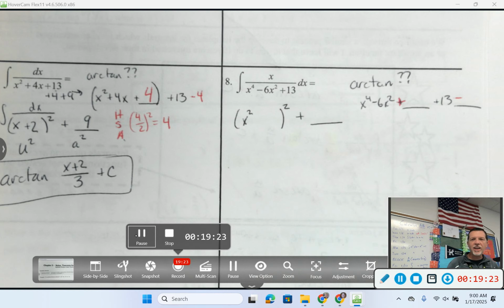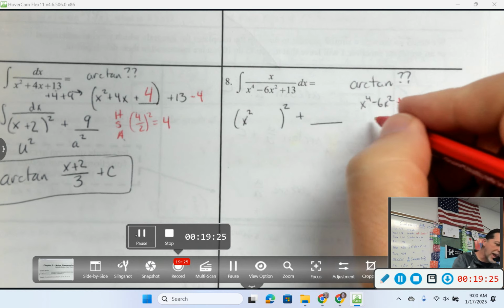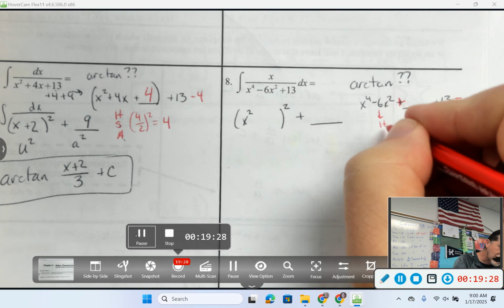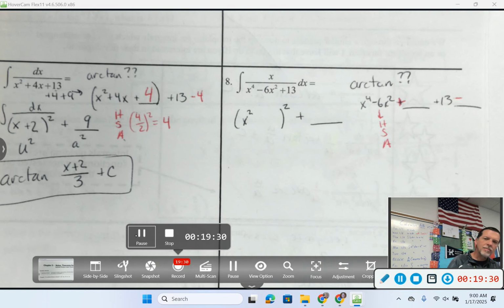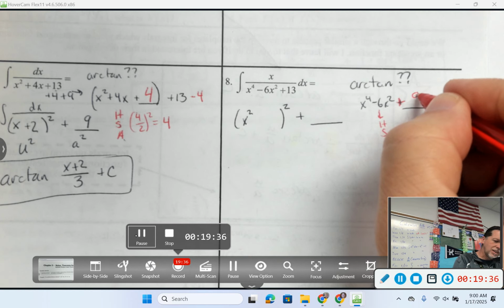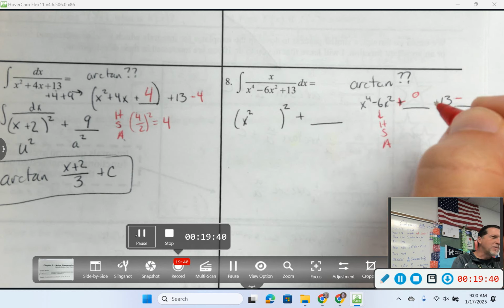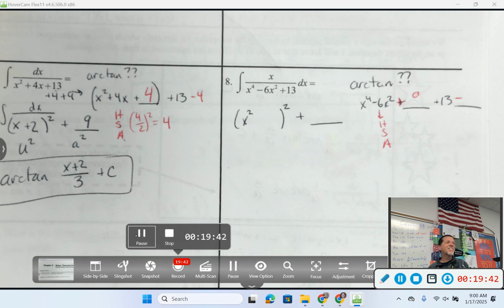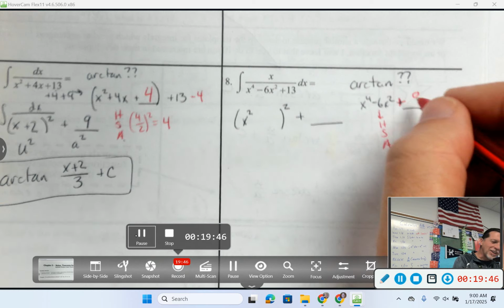So what do I get when I half it, square it, add it? Half of 6 is 3. Square it. I get. Yep. Wait. 6 divided by 2 is 3. Half of 6. Oh, half. Your brain's doing too much in your head.